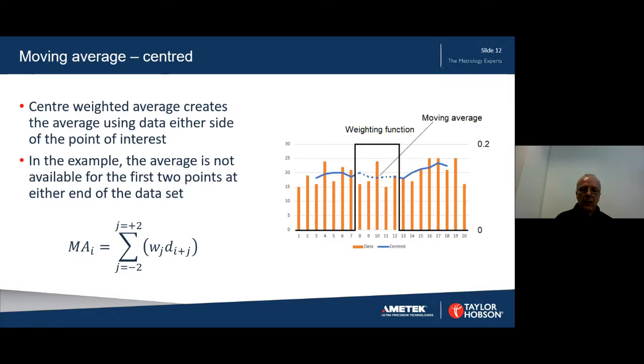Compare this to the last example, where the average was not available for the first 4 points, but was available for the last point. We have still lost the same number of points, 4, but now the filter run-up affects both ends of the data. Again, the weighting values, the set of Wj values, are all equal to 0.2. The area under the weighting curve is of course 1 because we have 5 points, each of 0.2.